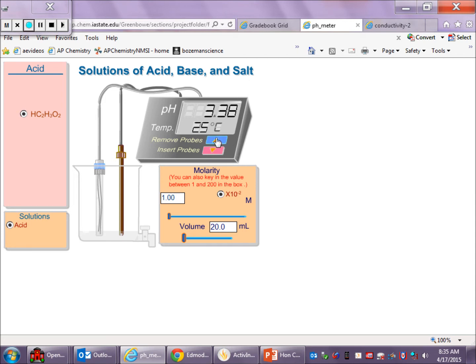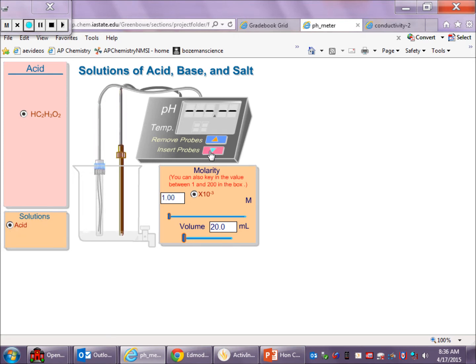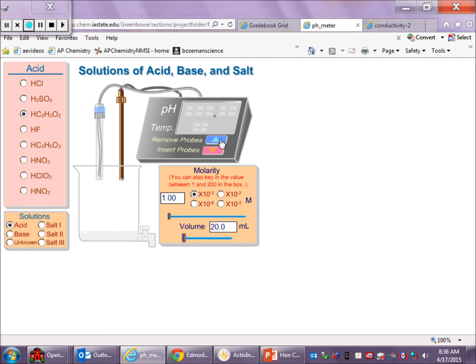Dilute it one more time. This is 0.001 and check the pH. And I see the pH is 3.90.